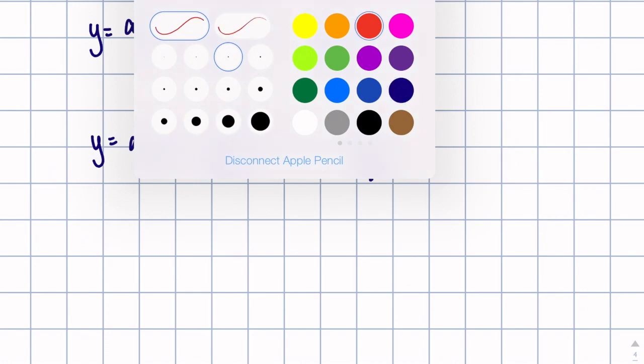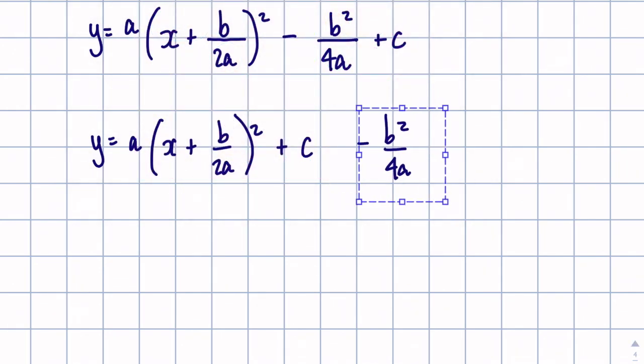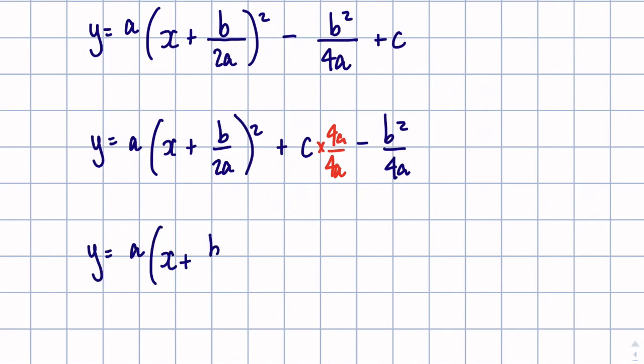If I decide to times that by 4a on 4a, then I'm going to end up with x plus b on 2a squared. This is just, by the way, if I had 3 take 4 on 2, then I do 3 times 2 on 2 take 4 on 2.